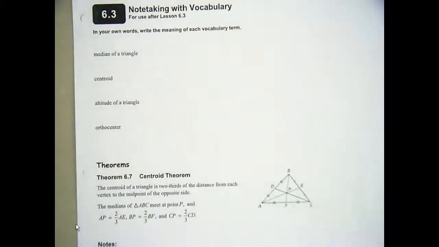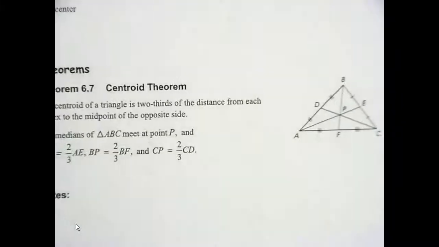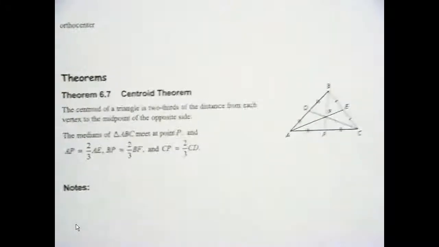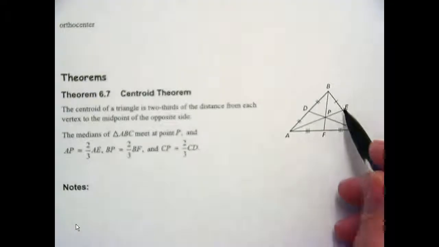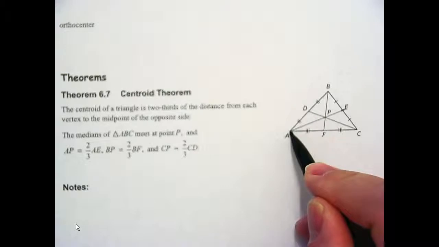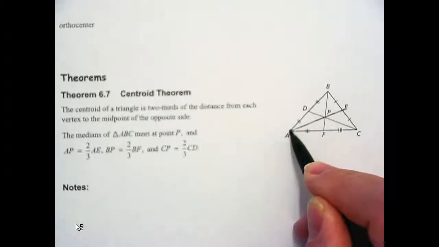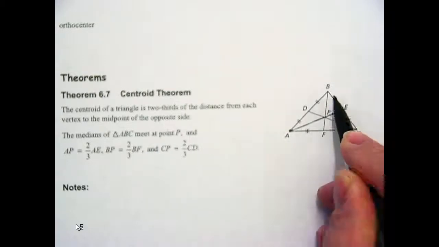Okay, so today we're going to continue with centroids and orthocenters. Remember, we did our points of concurrency for the centroid by finding the median of each side. Keep in mind that by finding the median, you're finding that midpoint and then drawing a median, a line connecting the opposite angle to the midpoint of the opposite side.